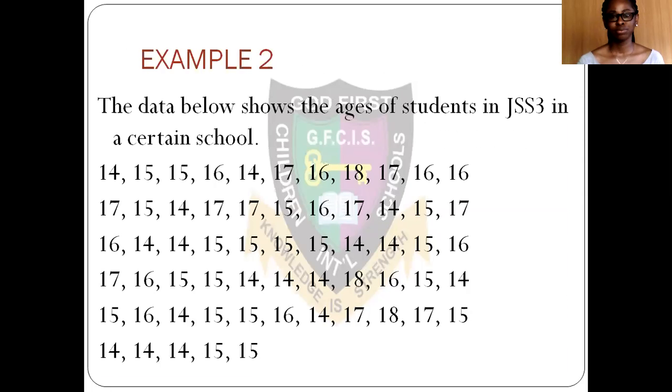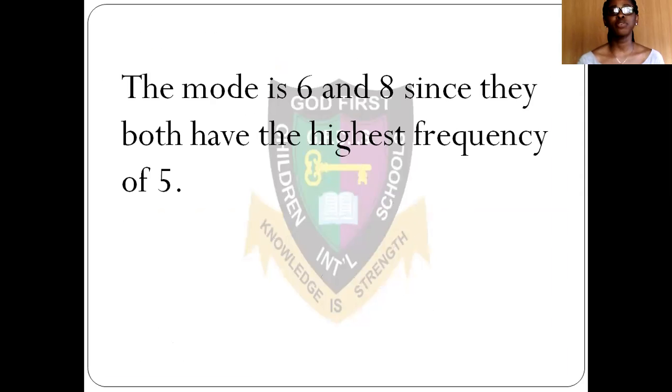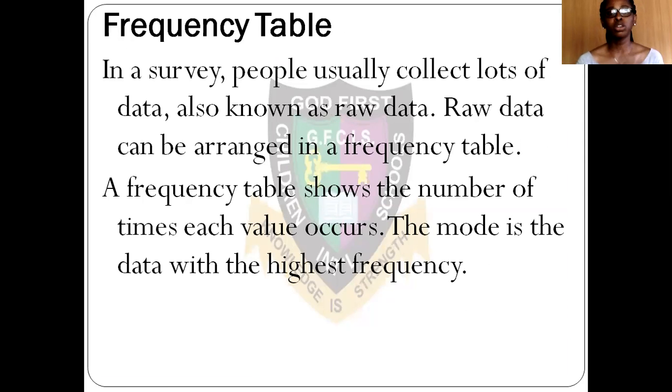Let us take an example of a frequency table. Don't forget that a frequency table shows the number of times each value occurs, and the mode is the data with the highest frequency.